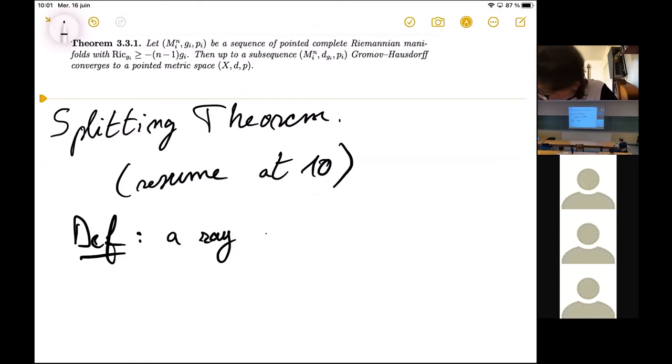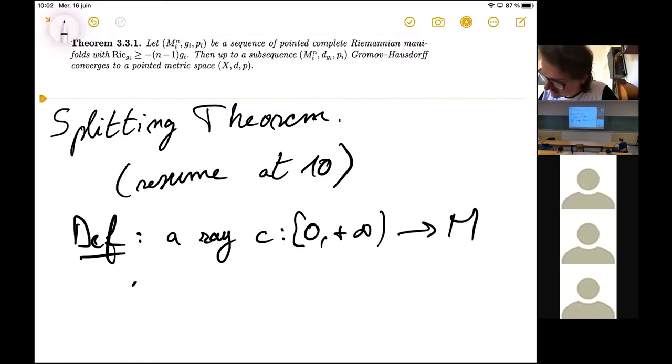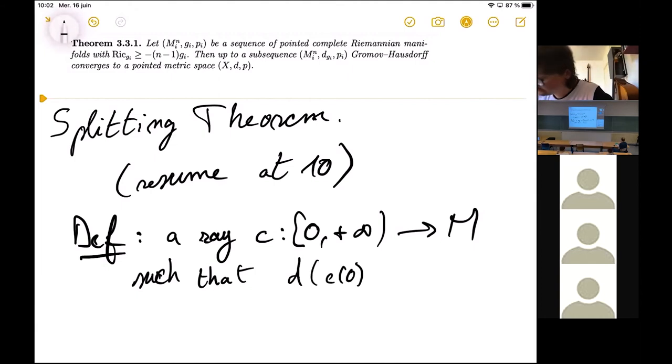A ray is a map from 0 to plus infinity, I think we've already used that term in one of the lectures yesterday, to M such that it's a minimizing geodesic on every subinterval, which can be deduced from that. So the distance from c(0) to c(t) is equal to t.